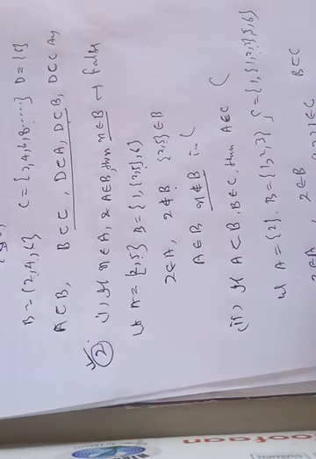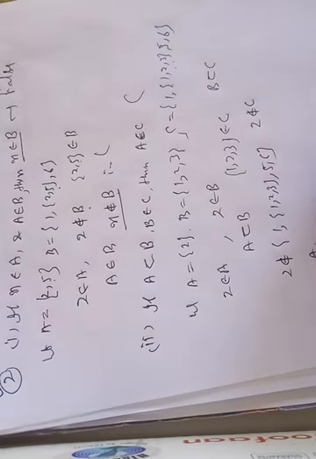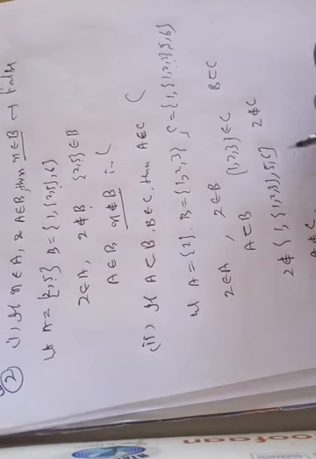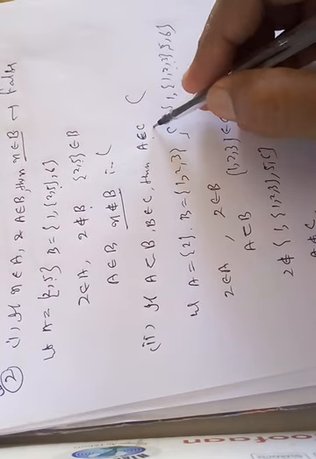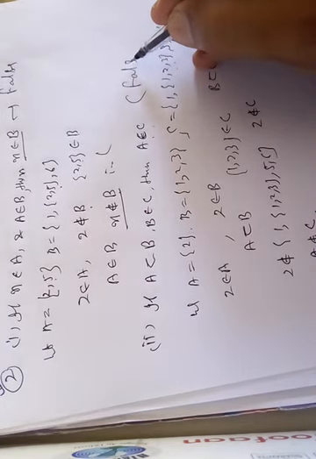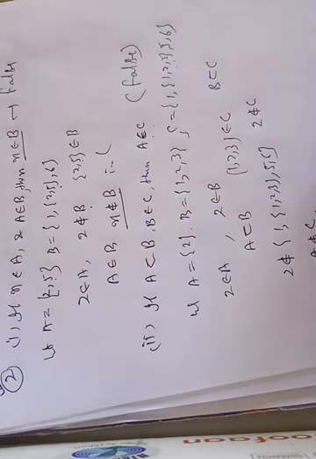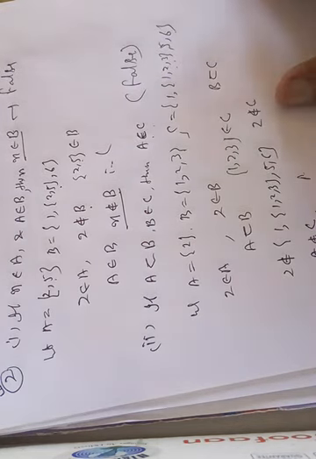So 2 does not belong to 1 2 3 and 5, 6, means 2 does not belong to C. So therefore A does not belong to C. True? And this condition, A belongs to C, is a false condition.